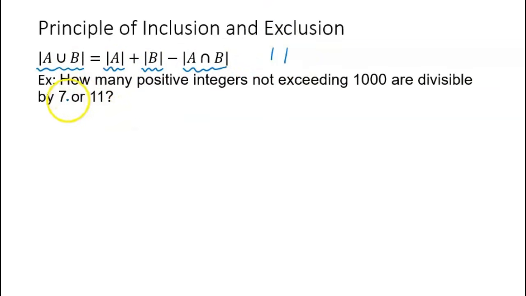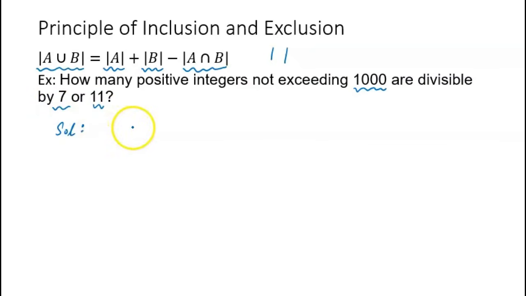So the first question based on this idea: suppose we have to find how many positive integers not exceeding 1000 are divisible by 7 or 11, right?